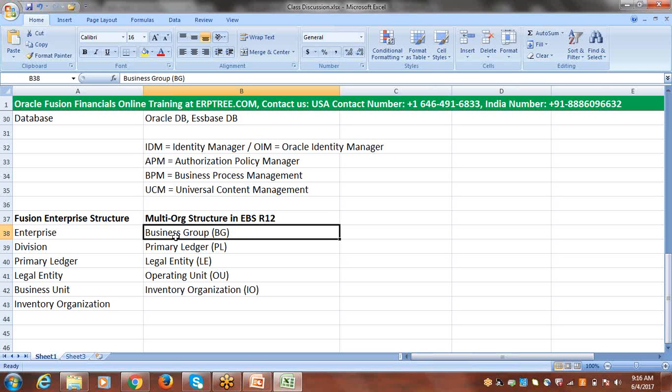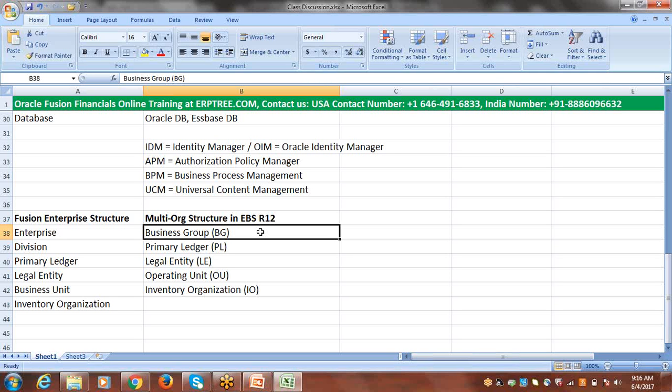When I talk about Fusion, you can create only one enterprise for one instance. In EBS you can create a number of business groups, but in Fusion applications you can create only one enterprise per instance. Whatever instance we get from Oracle for implementation, in that instance you can create only one enterprise.